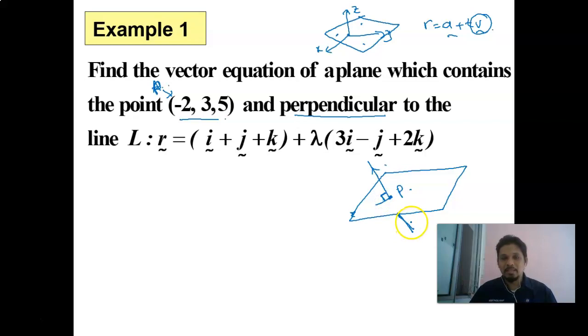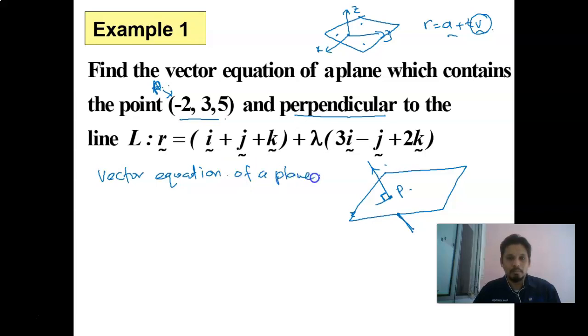So for this case, the vector equation of a plane is r dot n equals a dot n.